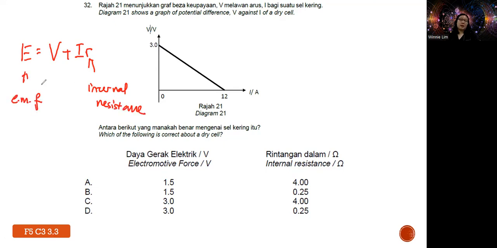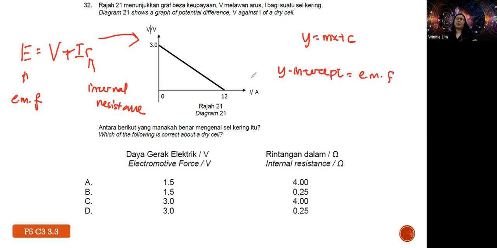Now you can relate this formula with the idea of y equals mx plus c. When you rearrange, you will know that the y-intercept is actually the EMF, and the gradient is actually negative internal resistance. So they want you to get the EMF.